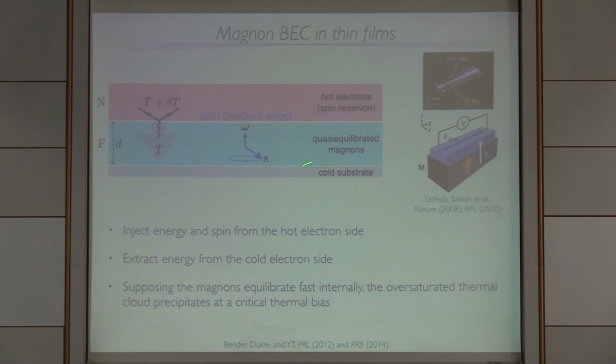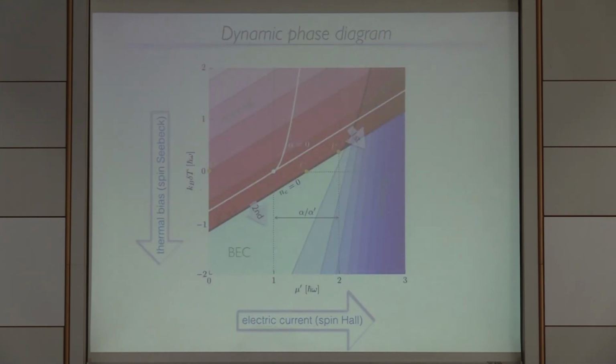So this interface sends through heat current, just the heat current. This interface sends through heat current and spin current. As a result, spin is trapped in the film, and it raises the chemical potential, and at the critical value of driving, you undergo Bose-Einstein condensation. So that's, in a nutshell, what is happening.